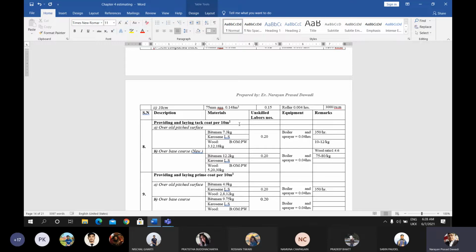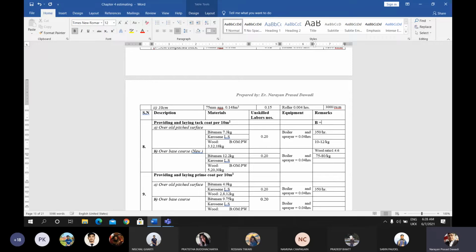So wood is required for three purposes: for heating the boiler, for open mass, and for patchwork. This is given, and generally the ratio of these woods is 1:4:6. If you know the amount for the boiler, then you can find the amount required for the open mass and the patchwork.